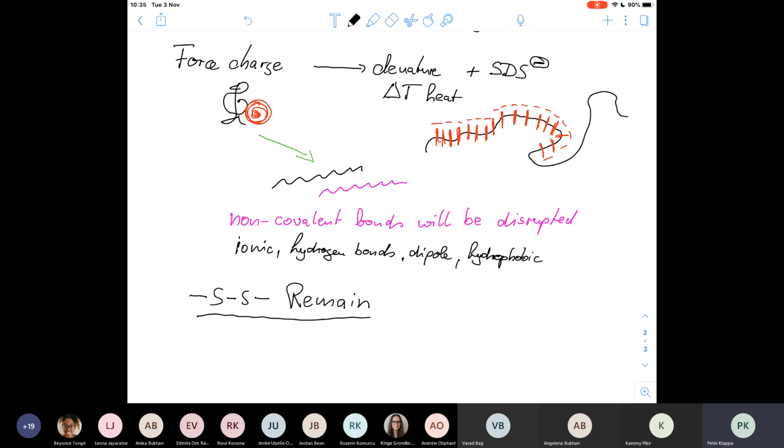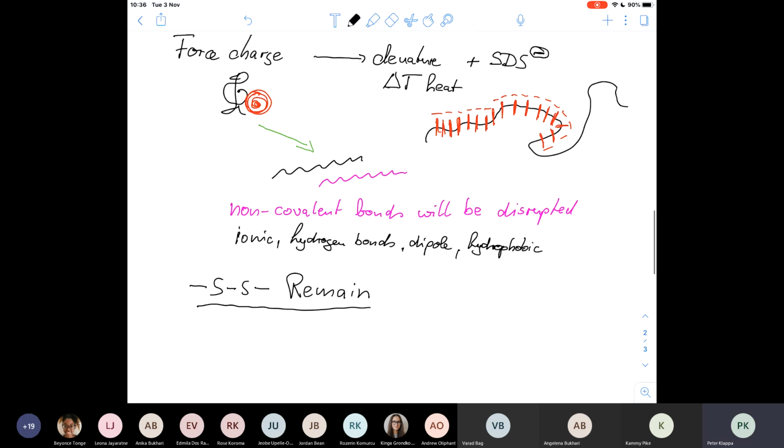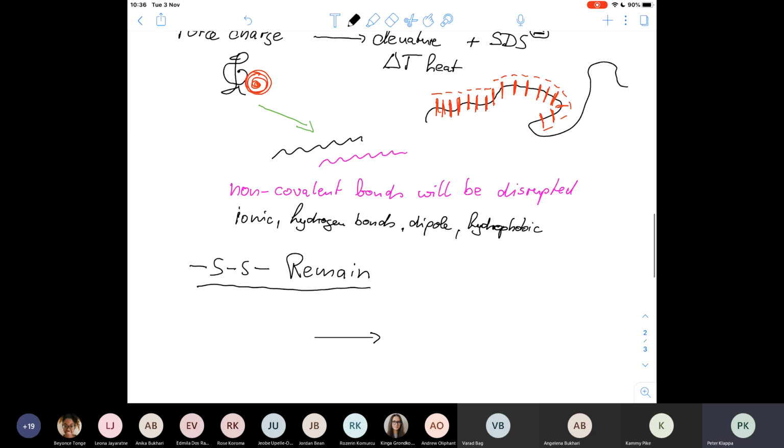So what do we need to do in order to break disulfide bonds? What we do is we use exactly the same procedure as above. We denature the protein with heat. We add SDS, and this time we add a reducing agent.